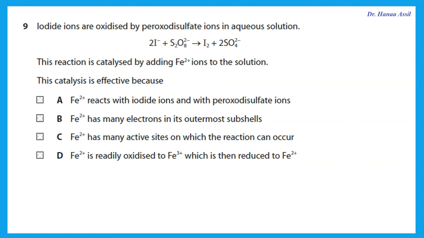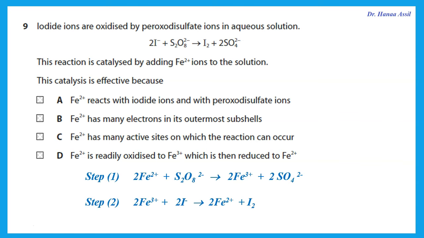Now, the iodide plus the peroxodisulfate, we said this is a slow reaction because these are two negative ions that will repel each other. They're not likely to react.